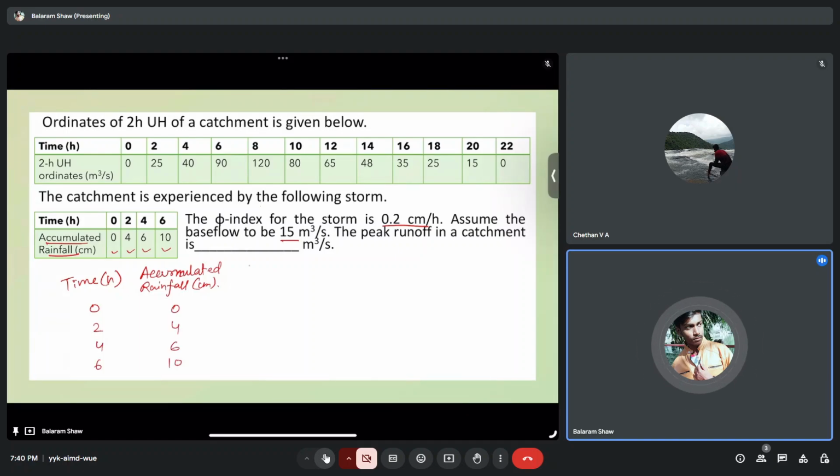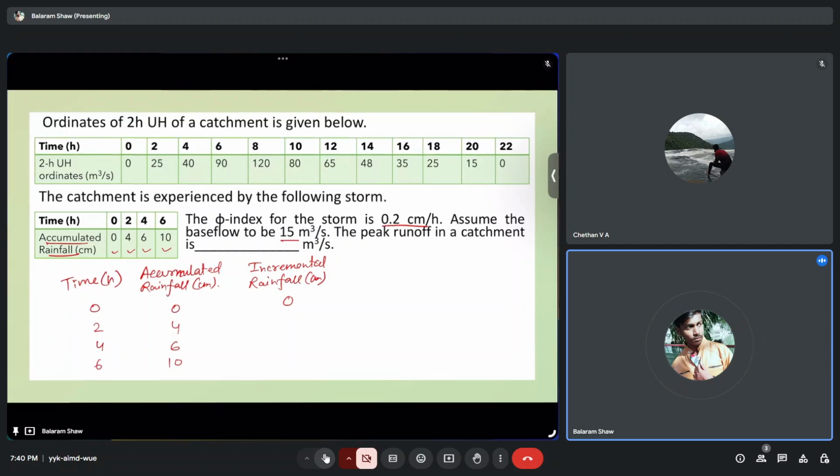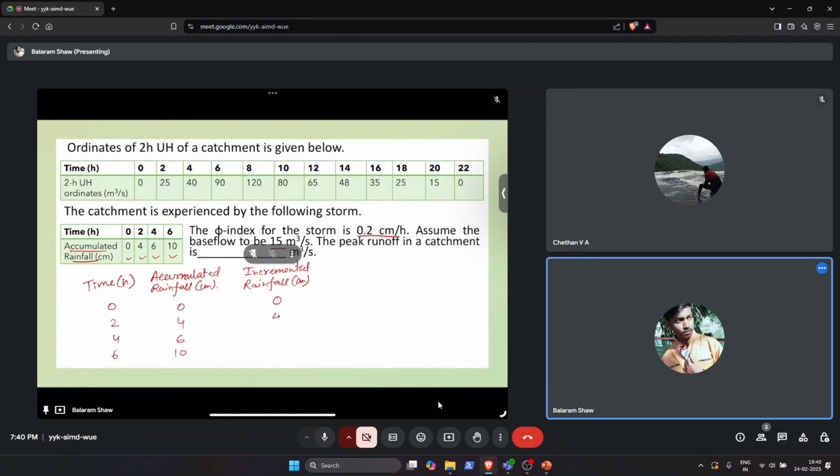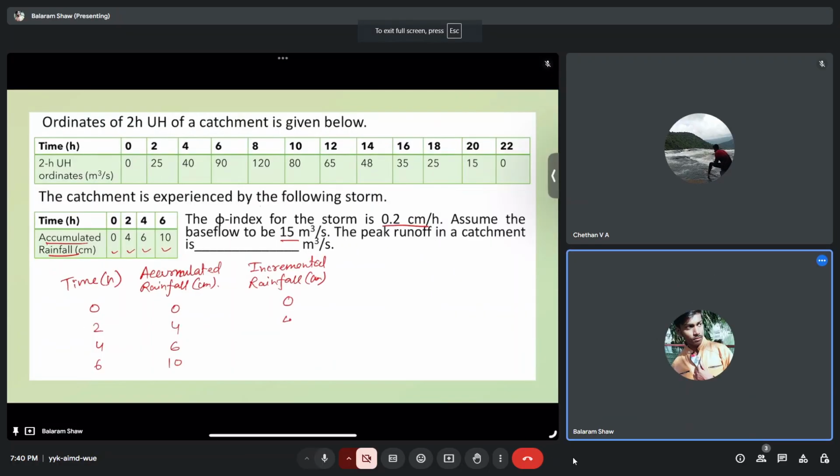How much will be the incremental rainfall, or rainfall in each 2 hours? First it is 0, then 4 minus 0 it will be 4, and 6 minus 4 it will be 2, and 10 minus 6 it will be 4.